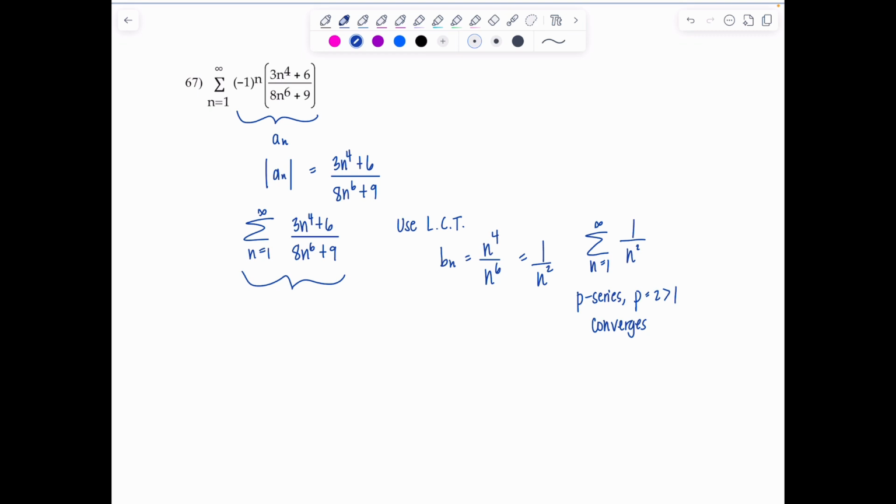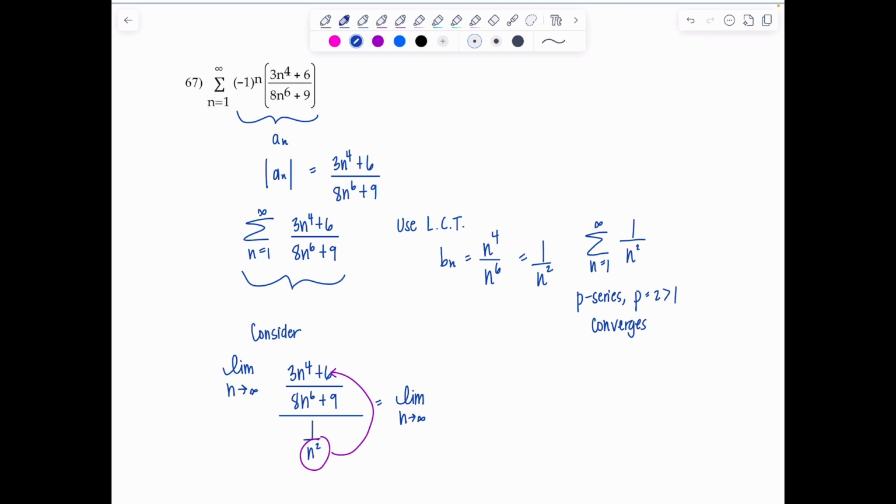Let's go ahead and use the limit comparison test. So now we're going to consider the limit as n goes to infinity of 3n to the 4th plus 6 over 8n to the 6th plus 9, over 1 over n squared. So this is the limit as n goes to infinity. This n squared is going to multiply up in the numerator. Let me distribute it all at once.